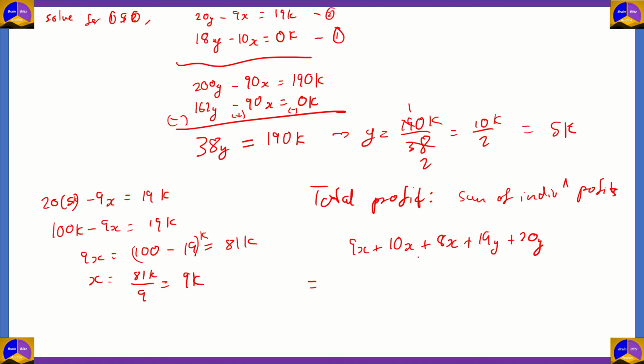So we can take x and y common. So x times 9 plus 10 plus 8, plus y times 19 plus 20. So 9 plus 10 is 19, plus 8 gives you 27. And the y term would be 39y.